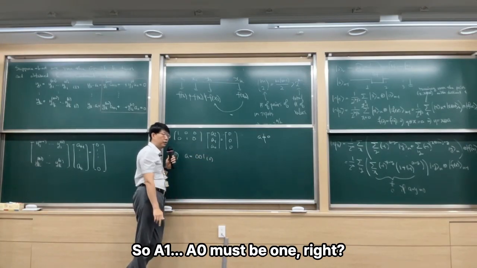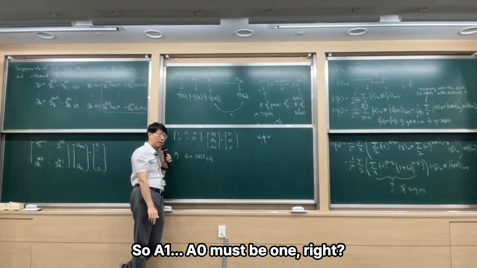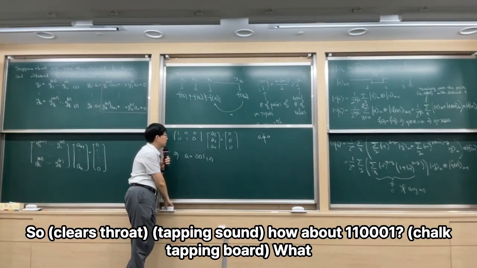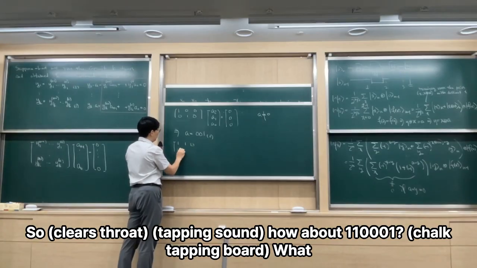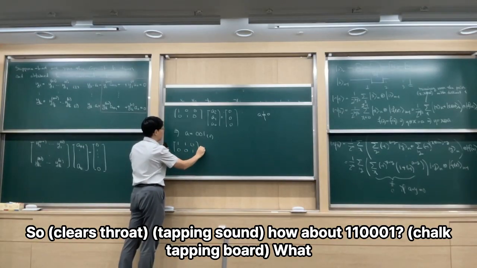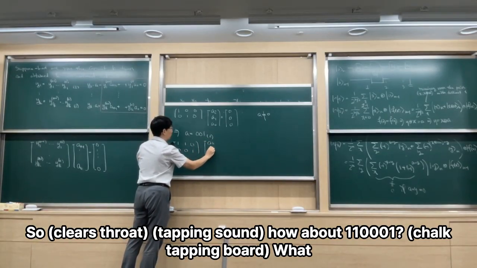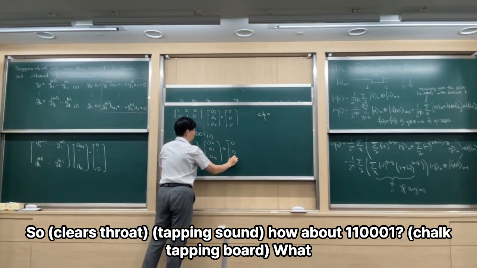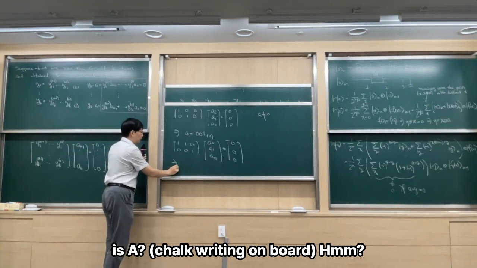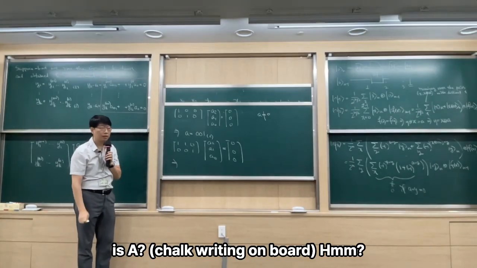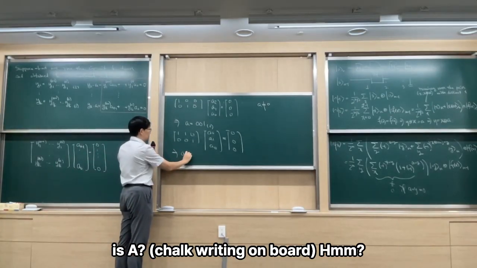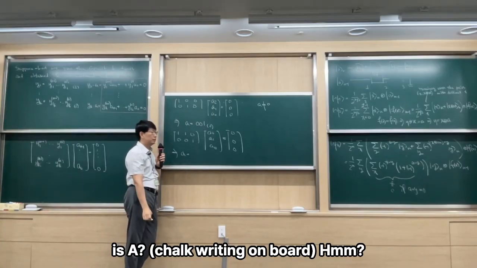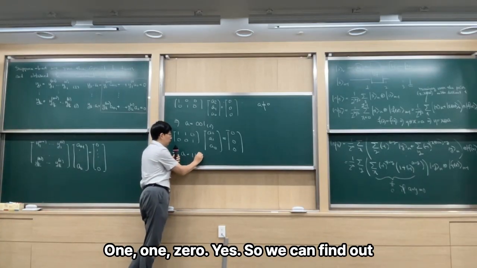So A0 must be 1, right? How about 1, 1, 0, 0, 0, 1? What is A? Yes, 1, 1, 0.